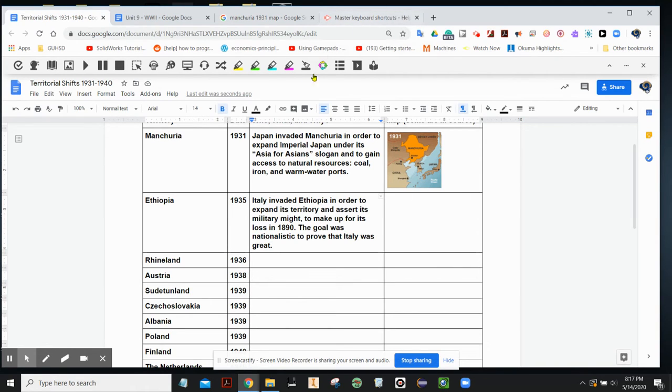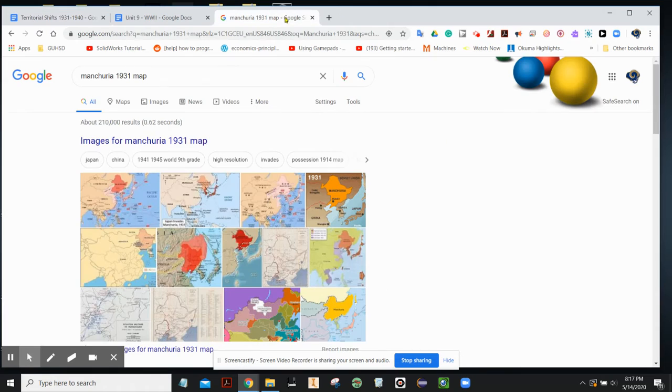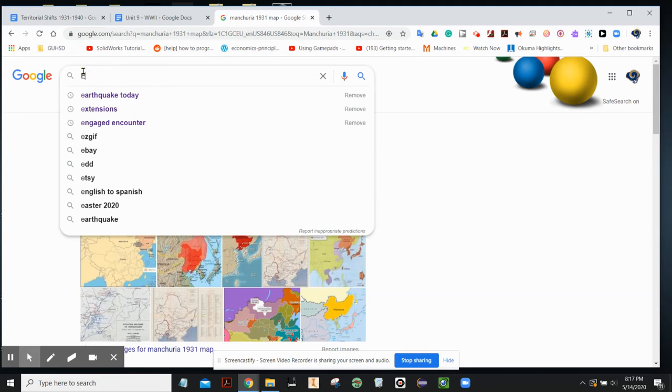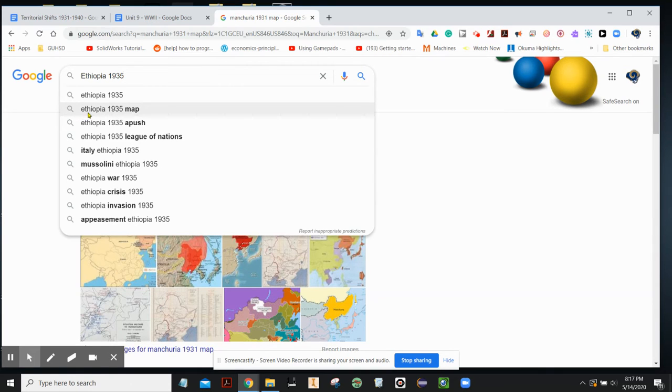So let's go and find a map. Again, we did not find a map here, so we're going to look where we had Manchuria before. We're going to put 1935 Ethiopia, so Ethiopia 1935 map.